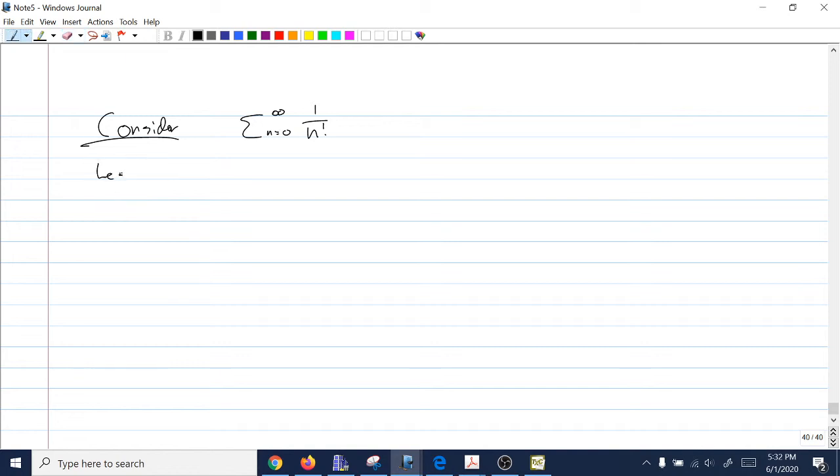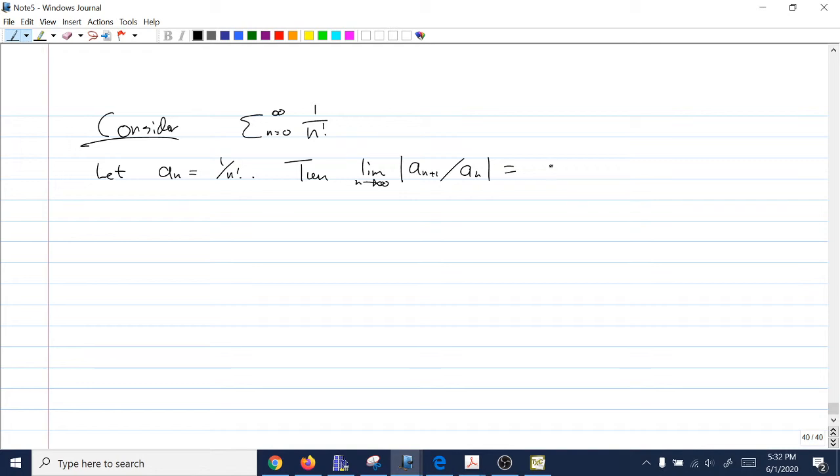Let an be 1 over n factorial. Then the limit as n goes to infinity of the absolute value of an plus 1 over an. I'm making it clear that this is what I'm starting with because this is what the ratio test wants. If I just start with the next line, it won't be obvious that this is connected to the ratio test, is why I'm adding this in.